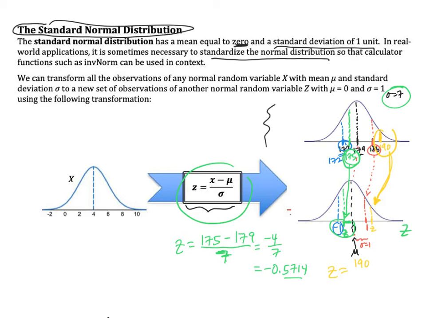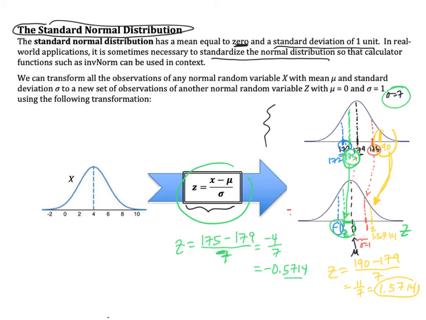So we do 190 minus 179, and we divide by the standard deviation of 7, so that would be 11 over 7, and if you plug that into your calculator, you would say that 190 is roughly 1.5714. It's more than 1.5 standard deviations away, less than 1.6 standard deviations away. It's specifically 1.5714 standard deviations away.